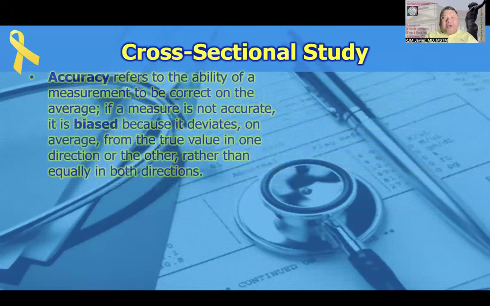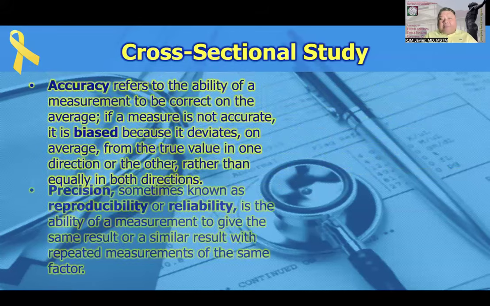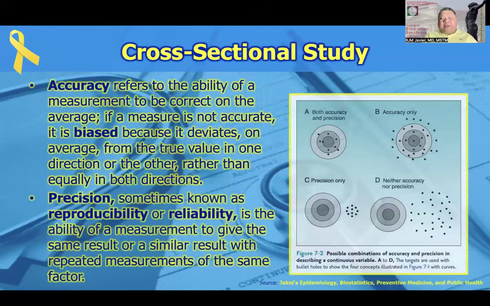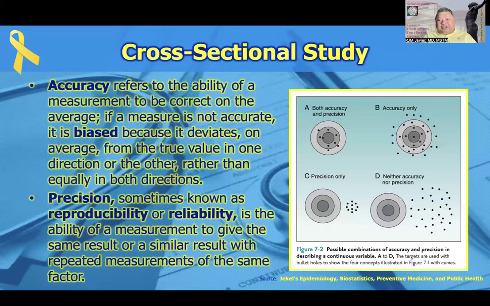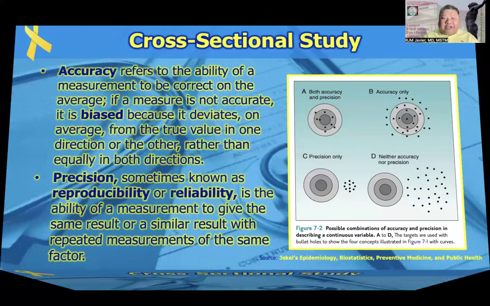And just a review, when we talk of accuracy and precision, this has been discussed in previous lectures. This is just a review for everyone. This is how we illustrate the concept of accuracy and precision.